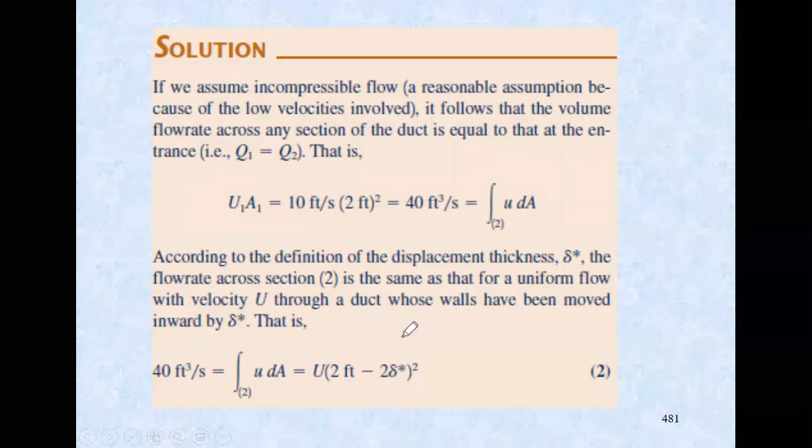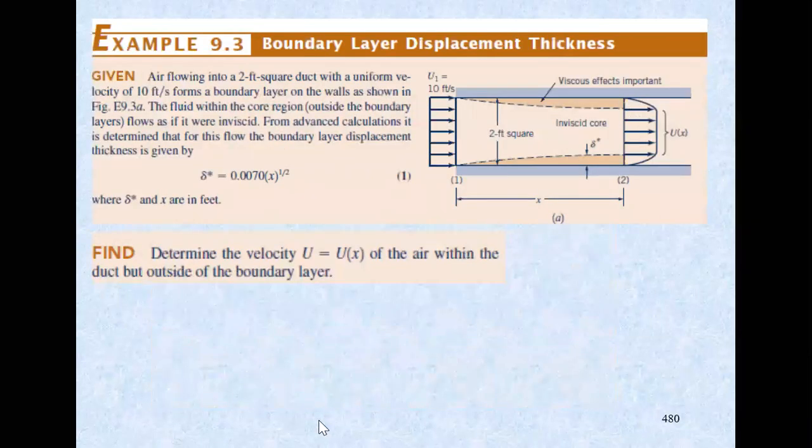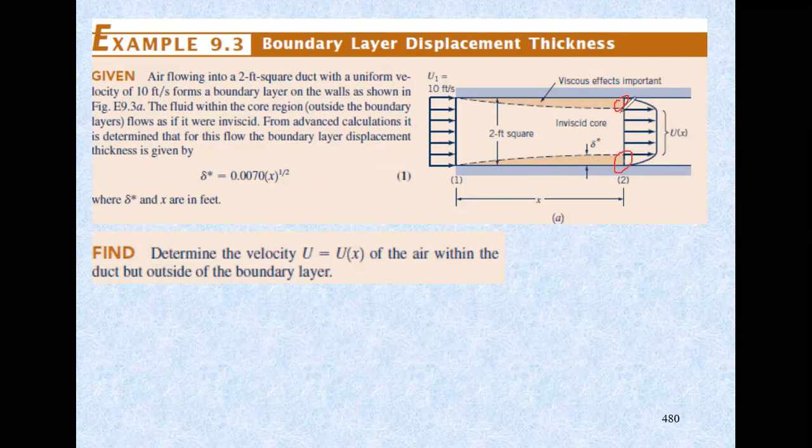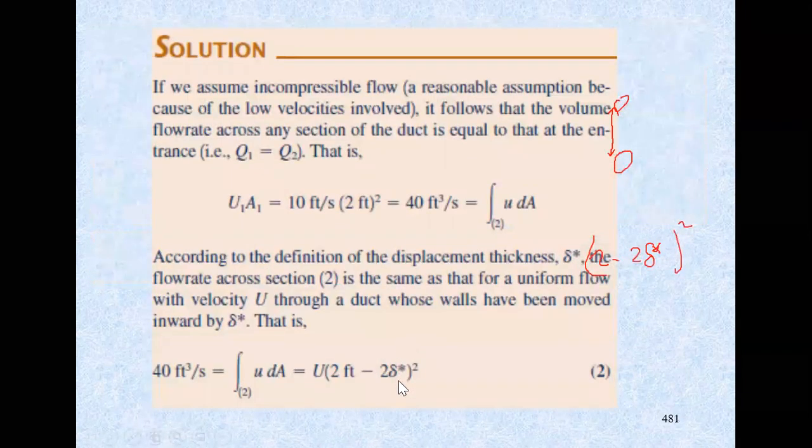This comes from this figure. You have 2 delta star over here. So this distance becomes 2 feet minus 2 delta star, and you have to square it because it's a square. So this is the area.